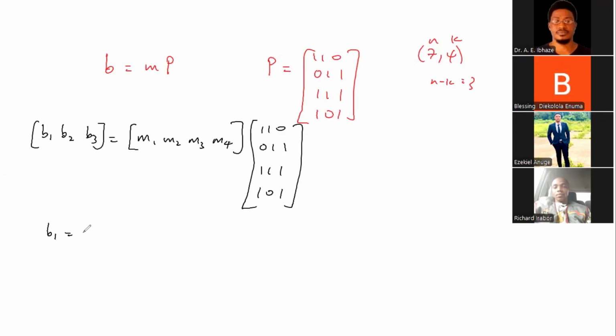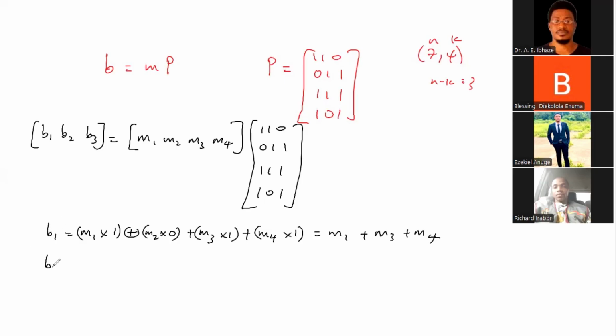So B1 will be M1 times 1 plus M2 times 0 plus M3 times 1 plus M4 times 1, right? So this will give us M1 plus M3 plus M4. Okay? That will give us our B1.